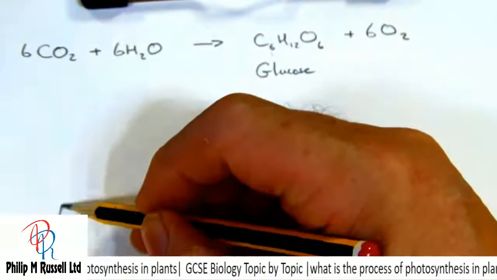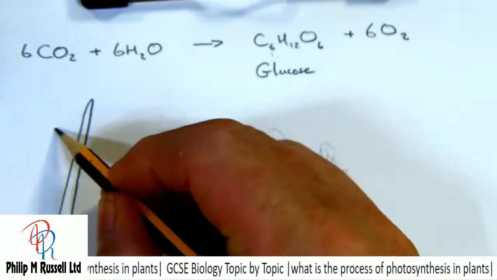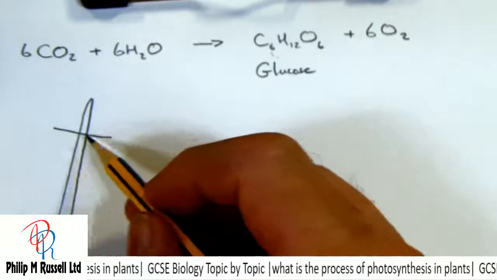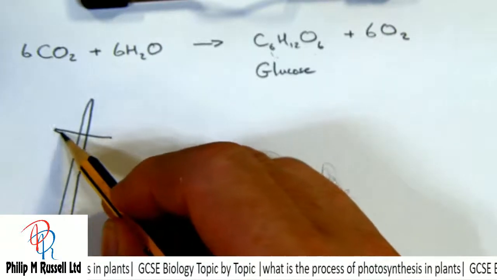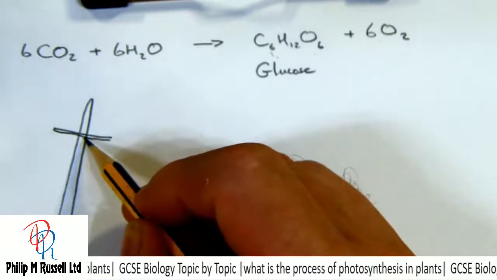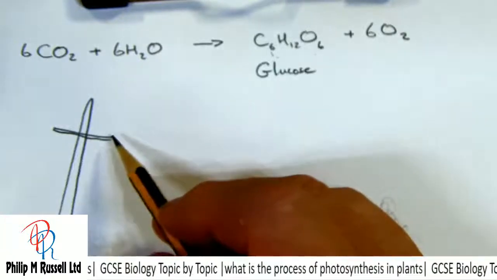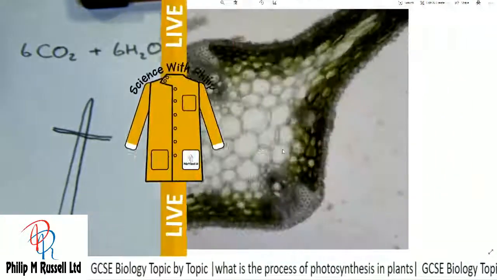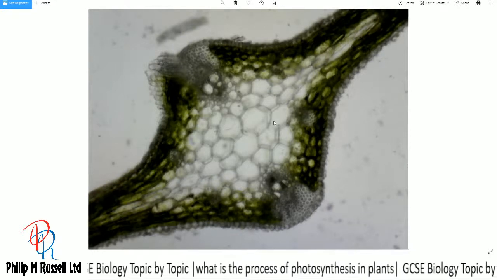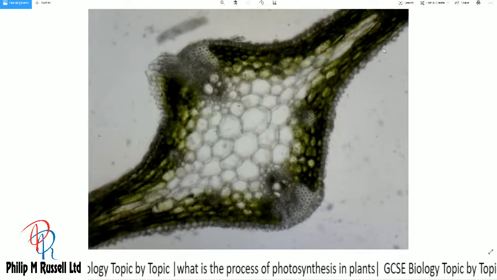I took a blade of grass and cut it across twice, once there and then another one just underneath, so it's a very thin slice, and I've mounted that onto a slide. And we can see various interesting things about this blade of grass.